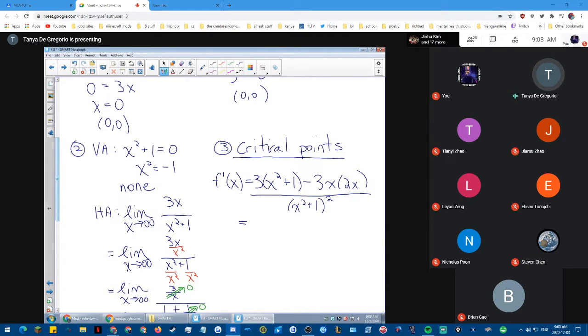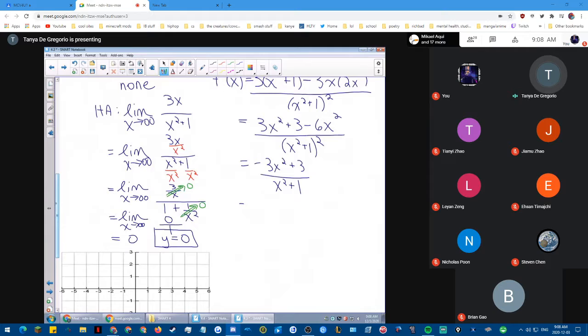And now we clean it up. And now we factor.